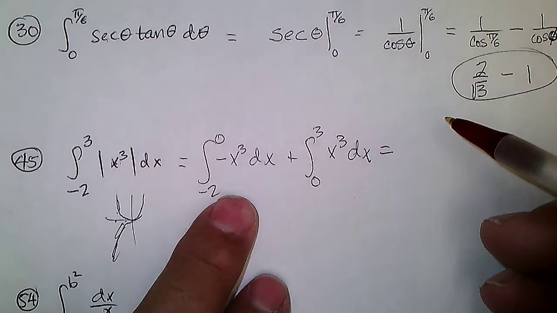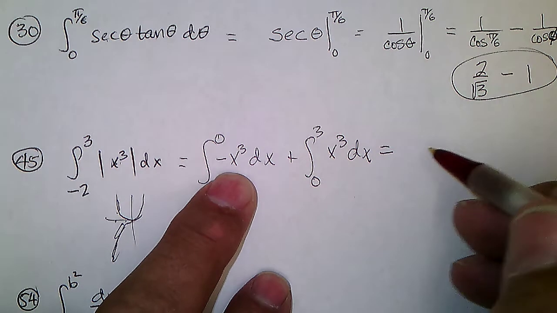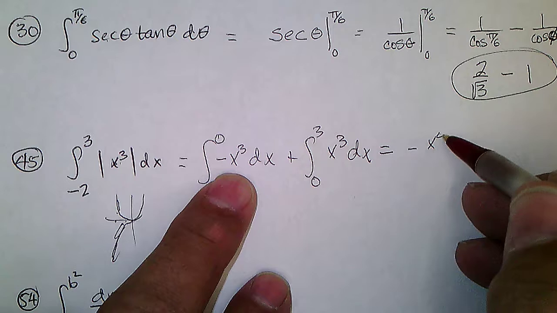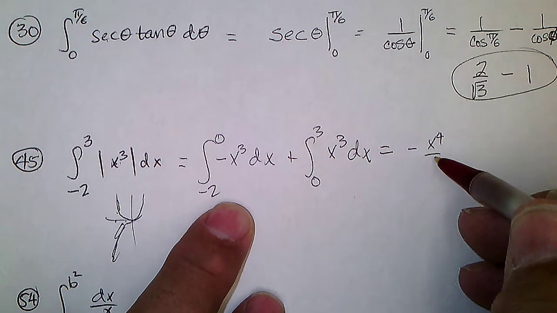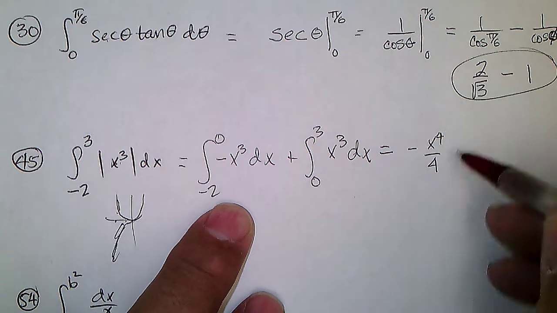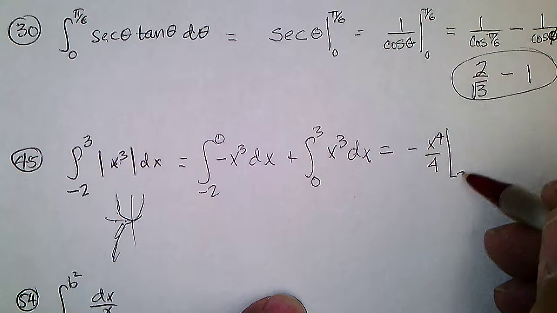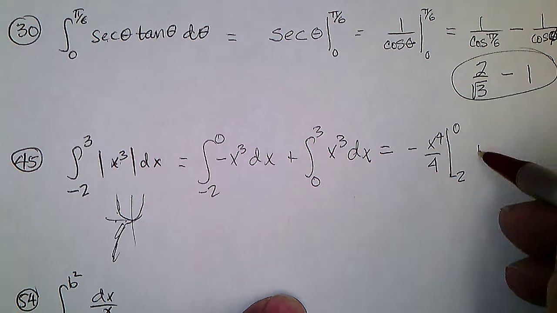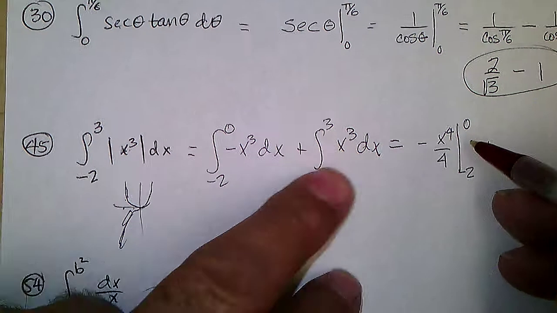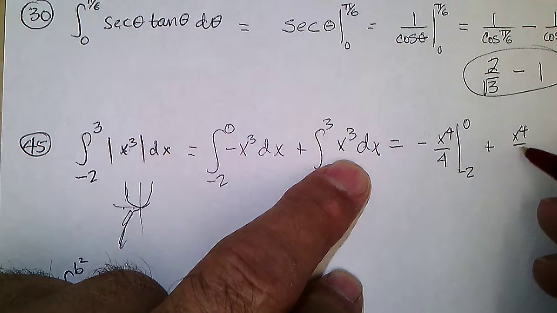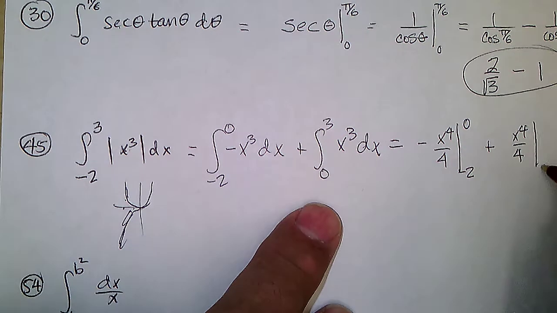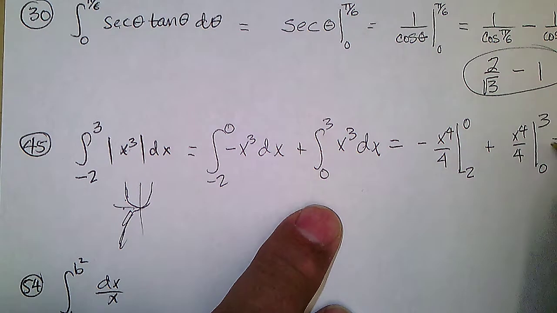So we get negative x to the fourth over 4 evaluated from minus 2 to 0 plus x to the fourth over 4 evaluated from 0 to 3.